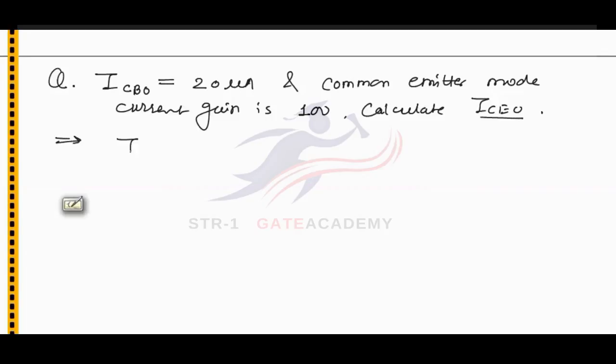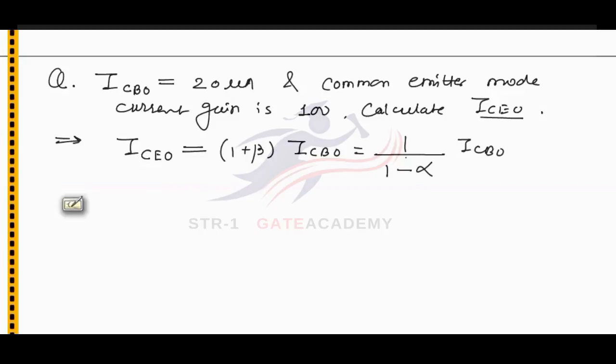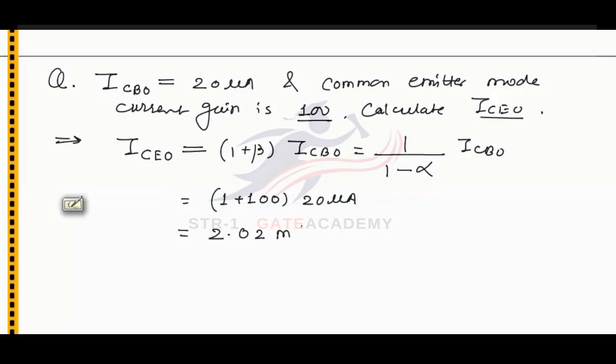We know that ICEO for a BJT is equal to 1 plus beta into ICBO, and it can also be written as 1 upon 1 minus alpha into ICBO. For this transistor, beta is given as 100, so 1 plus 100 into ICBO, which is 20 microamperes. Calculating this, we get ICEO equal to 2.02 milliamperes.